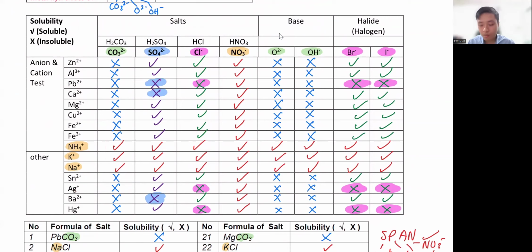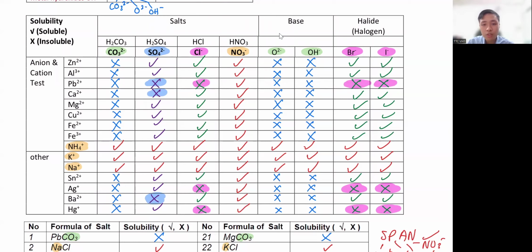Br minus, Cl minus, I minus, you learn in Form 4 chapter that they are all halogens, group 17 halogens. So that's why they are all soluble, except three things, which is Pb, Ag, Hg. So I highlighted it up.